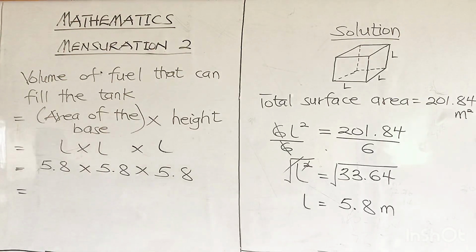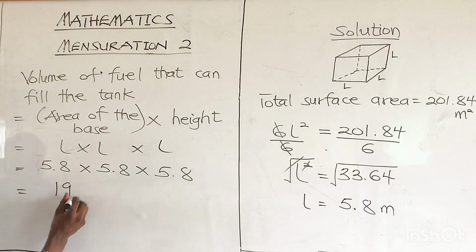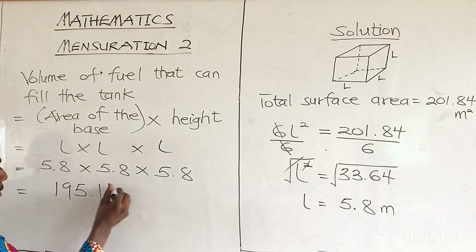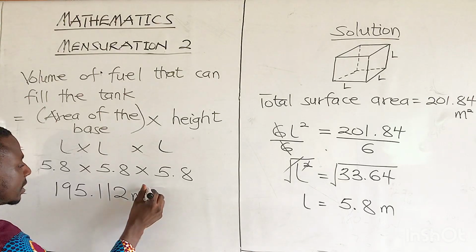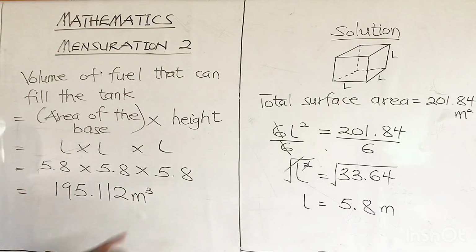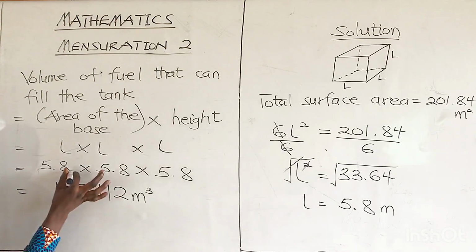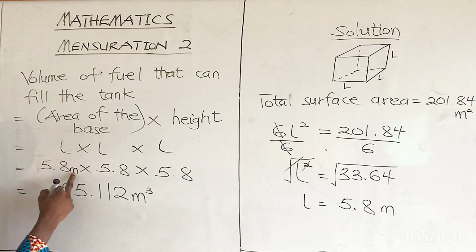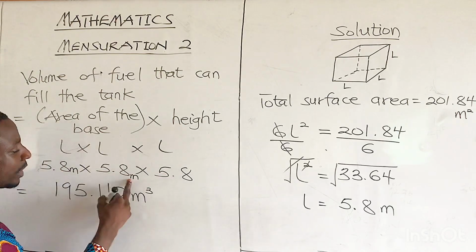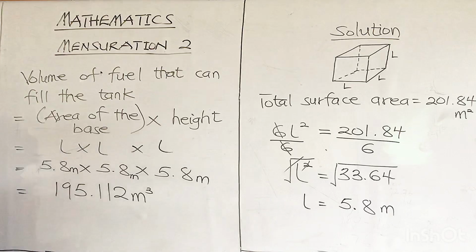When you multiply 5.8 times 5.8 times 5.8, we have 195.112 meters cube. It's meters cube because this is in meters, this is also in meters, this is also in meters.